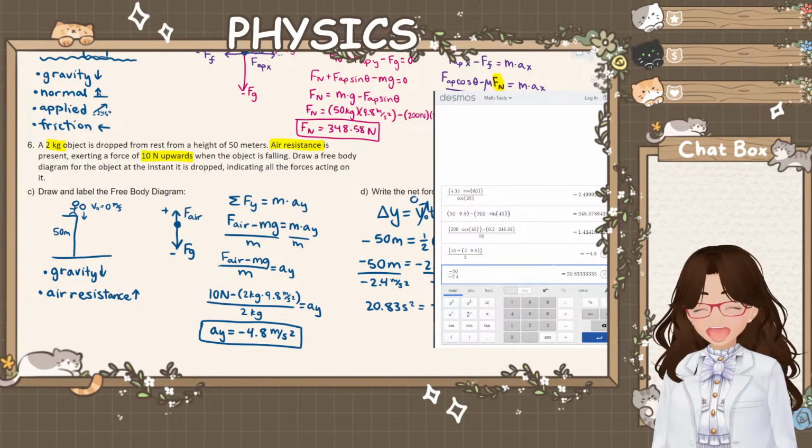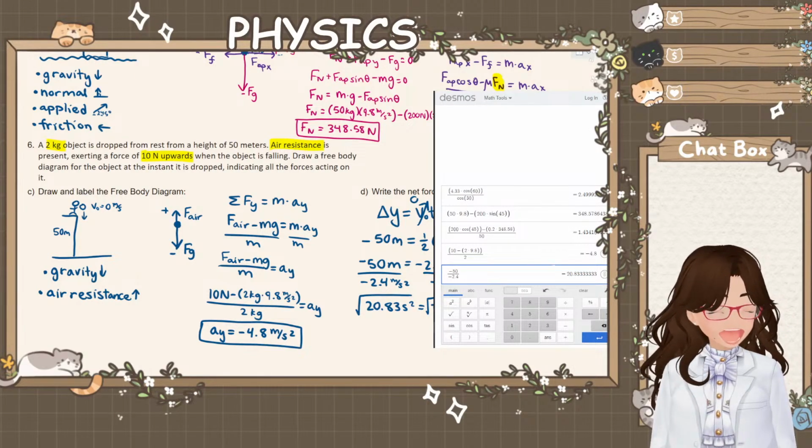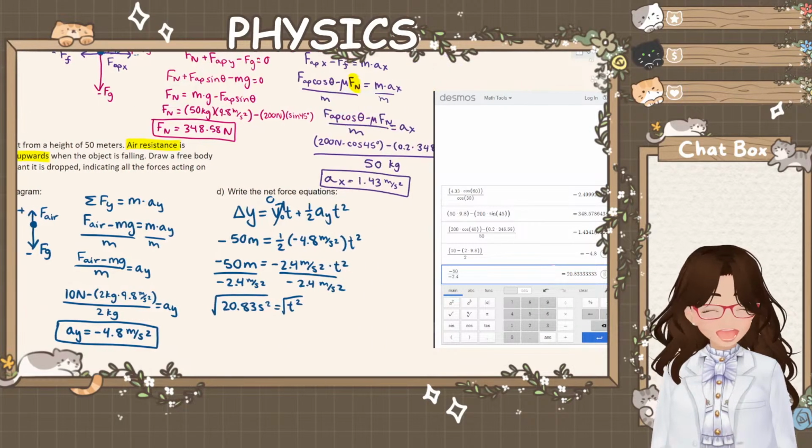And in order to solve for this, our last step is going to be to square root both sides to just get t. So in my calculator here, apologies, let me scoot that over so you can see.